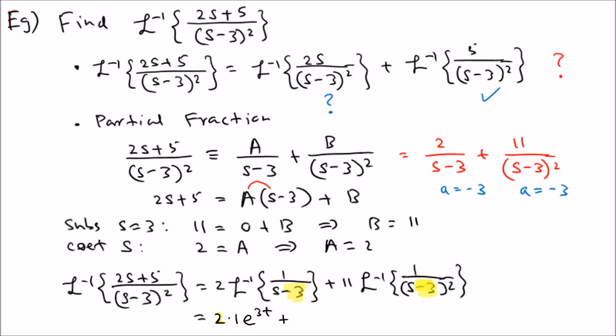Plus the next one we have 11, and 1 over s squared means t, and the transformation term is negative 3, so positive 3t. You can simplify this a little bit, since e to the 3t is common, so you can write this as 2 plus 11t, and then e to the 3t.